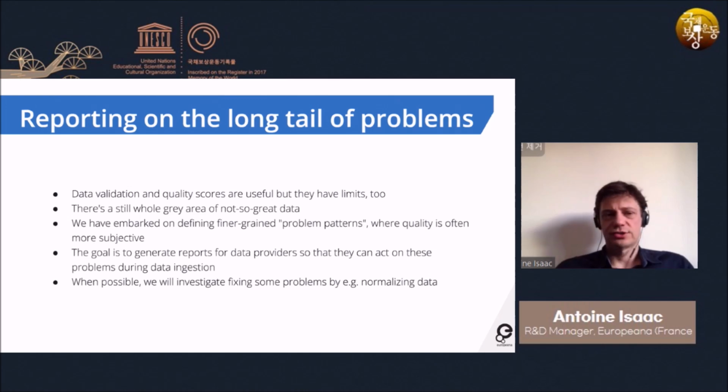We have embarked on defining what we call problem patterns, where the quality is a bit more subjective and where we try to look at those gray areas. We want to create a system where the reports for the data provider can be more detailed, so that they can see the problems and act on them. And maybe even we will try to fix some of them by normalizing data.